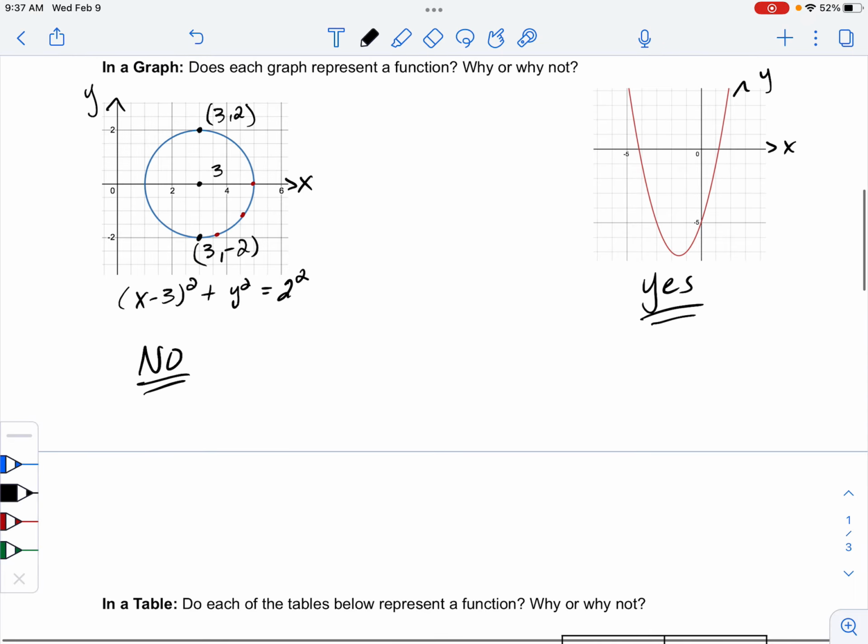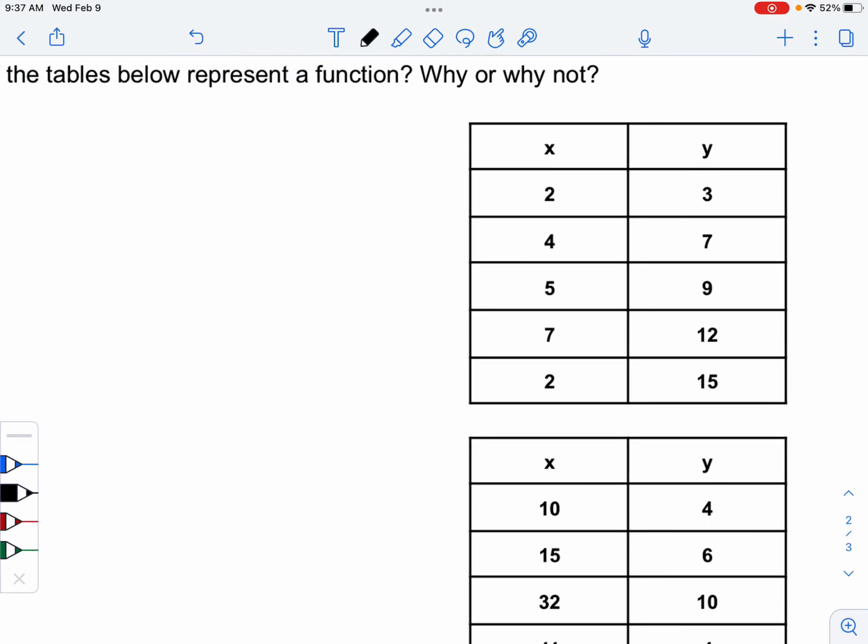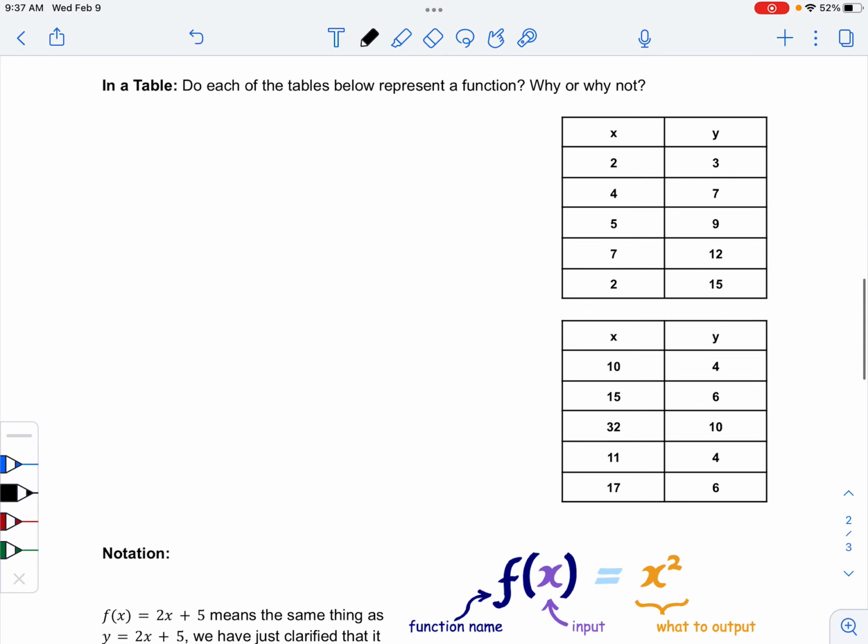Okay. Moving on to tables. Again, take a minute, take a look. We're looking at inputs and outputs. Does each input, and our x values are our inputs, go to exactly one output? So if we look at our first table, the spot we're looking at is right here.